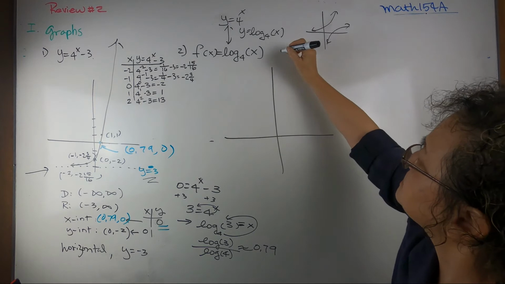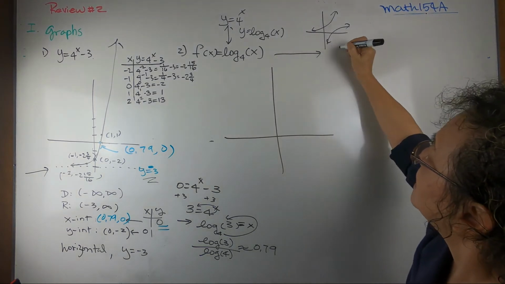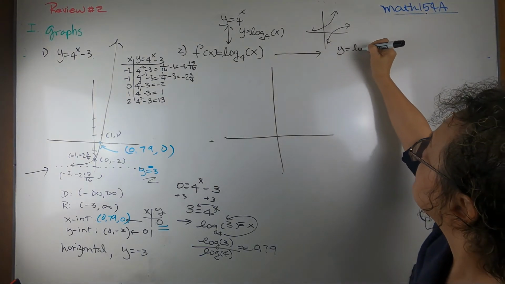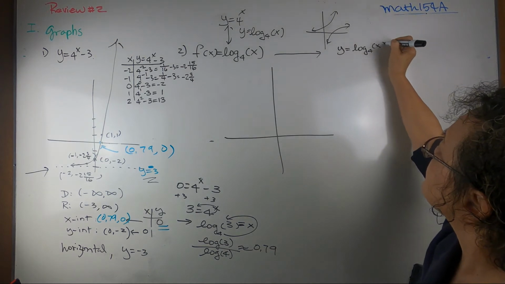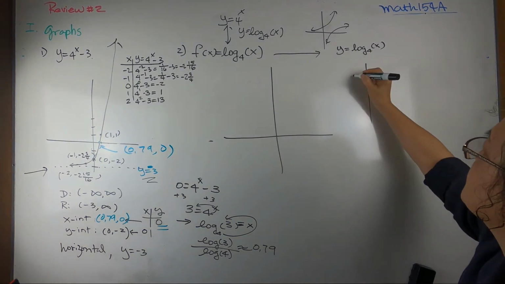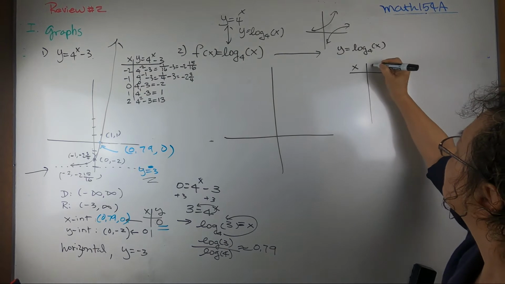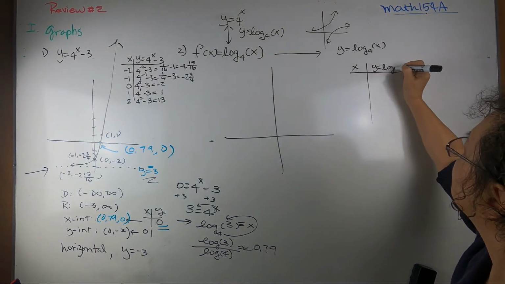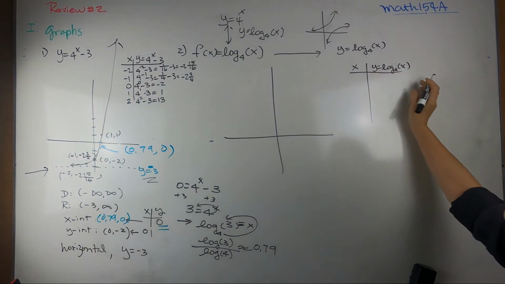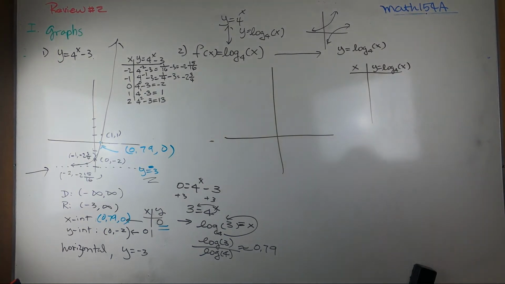So if we use this one, we have y equals log 4 of x. If we use a t-table, we use x, y equals log 4 of x. It's really hard to graph it, right? Cannot see the log.